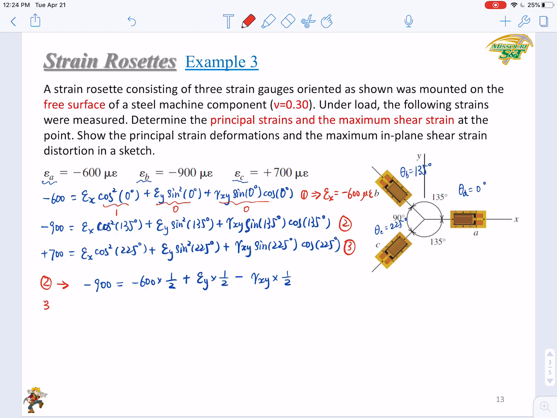And from equation 3, you will get positive 700 equals negative 600 times 1/2, plus epsilon y times 1/2, plus gamma xy times 1/2.